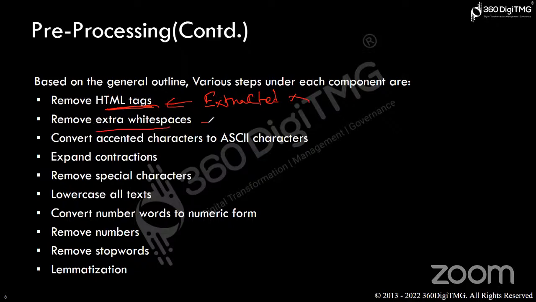Extra white spaces, if there are any, we also need to remove them. If accented characters are present, we need to convert them into ASCII characters. Other format characters, if there, we also need to convert into ASCII form.